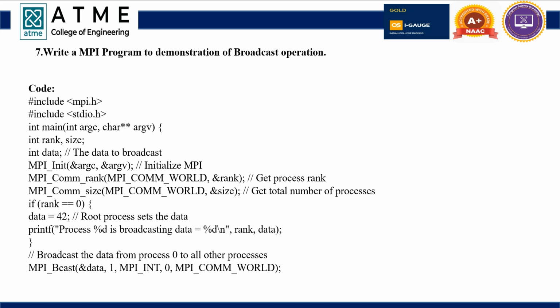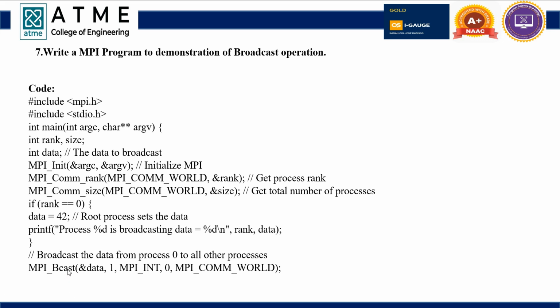So we get the total number of processes in the communicator. Now the code is executed only by the root process as we discussed. So if rank is equal to 0, data is initialized with 42 for the root process. Print that the process is broadcasting the data.